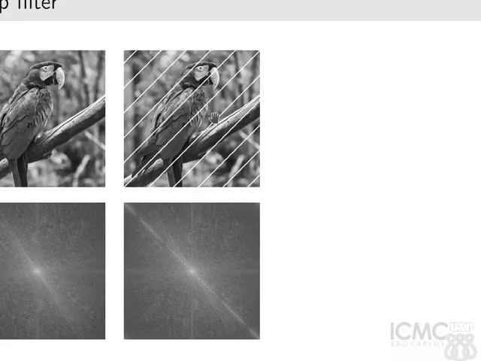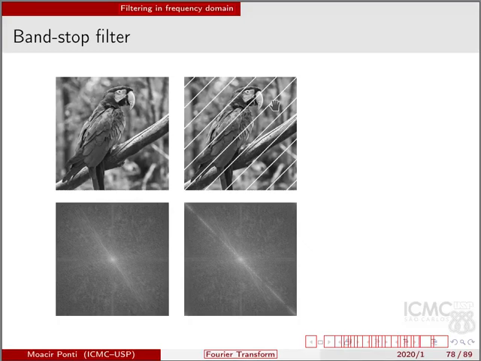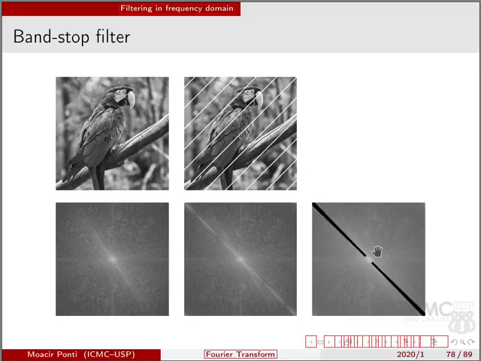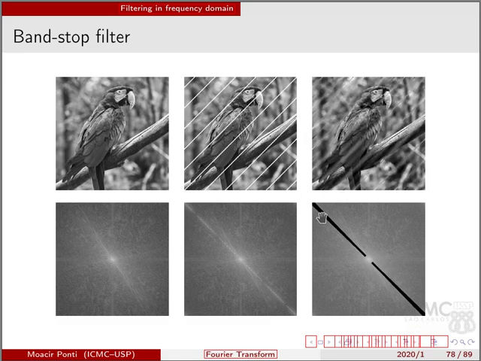By designing a very rough estimate of this frequency region, I'm keeping the central part of the Fourier transform, but removing values lying in these black regions here. What I have is this image.